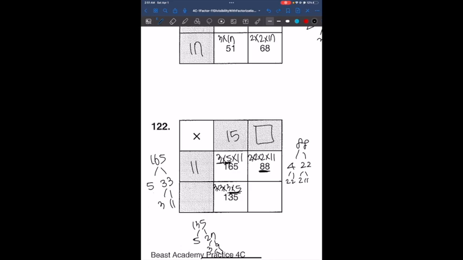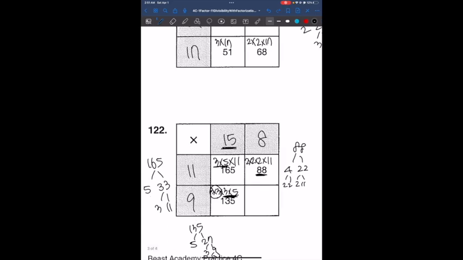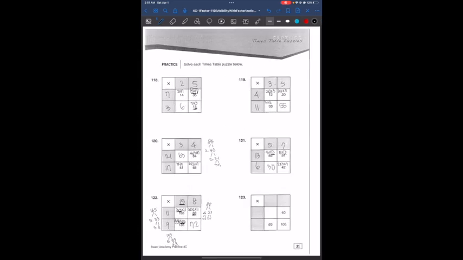So this box must be 2 times 2 times 2, which is 8. And then we know that 15 times this box must equal 135. And 15 is 3 times 5. So the 3 times 3 must be responsible for that box. So this box would be 9. And then we can figure out this box by multiplying 9 and 8, which is going to be 72.